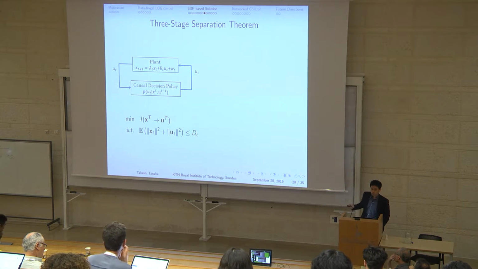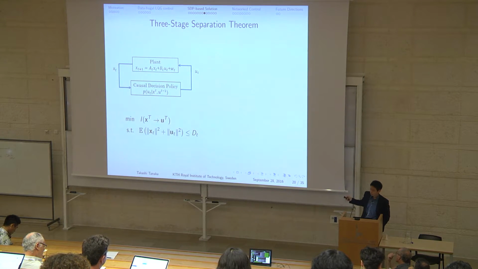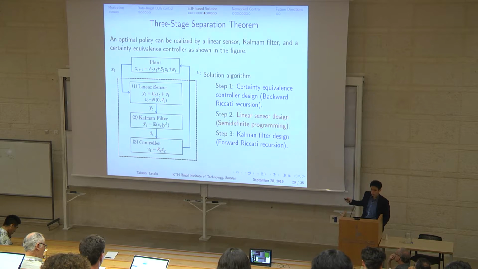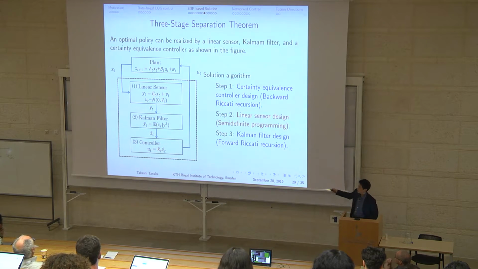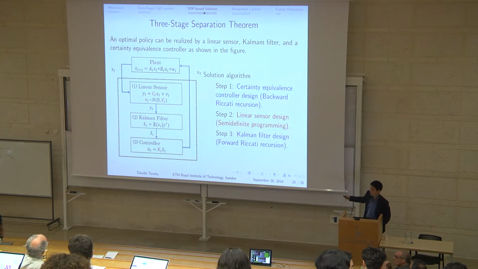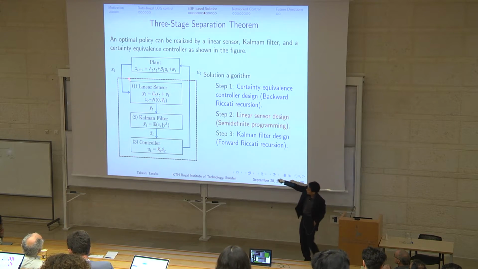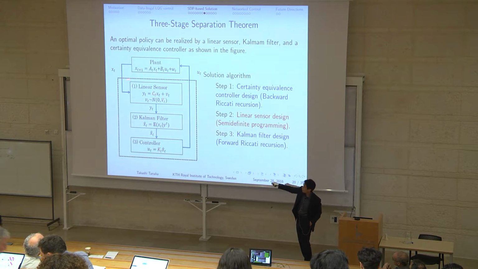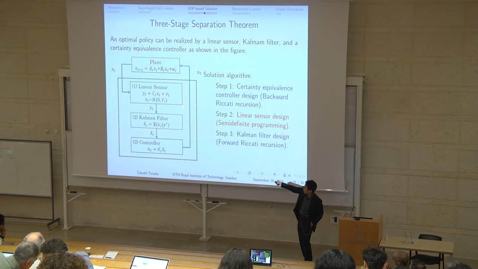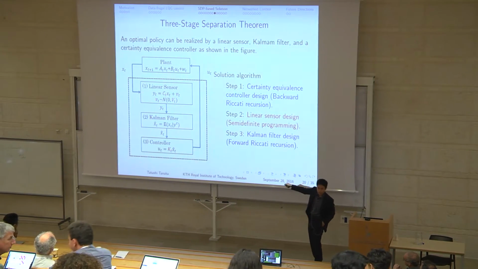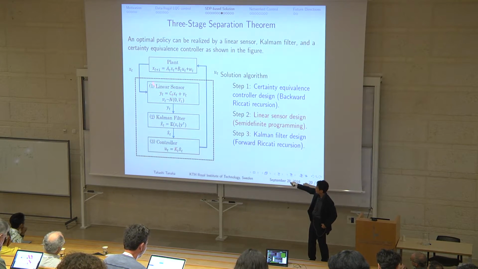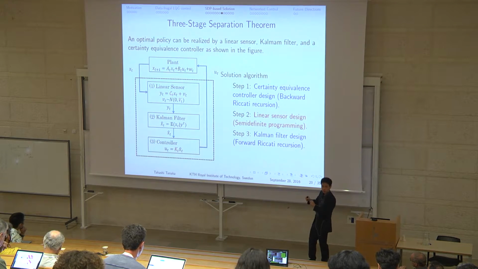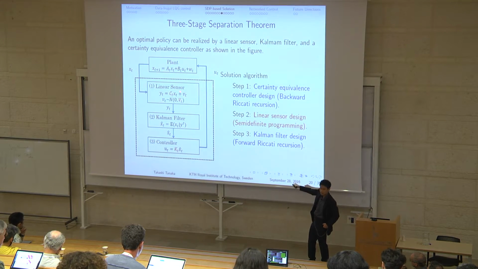We need to say something about the qualitative property of this optimal decision policy. Turns out that we can prove that the optimal decision-making policy is always in this form. So there's some sort of separation happening. What this decision policy is doing is, first of all, it is observing X, but not all information is processed. This sensor mechanism is essentially selecting the most relevant information from X. And this C matrix is essentially selecting the relevant information from X. And this noise, you're actually adding noise.